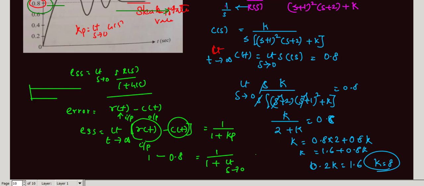Replacing s by 0, we get 1 minus 0.8, which is 0.2, equal to 1 by 1 plus K by 2. So 1 plus K by 2 equals 1 by 0.2, which is 5.